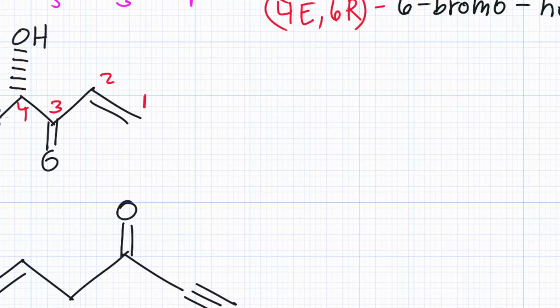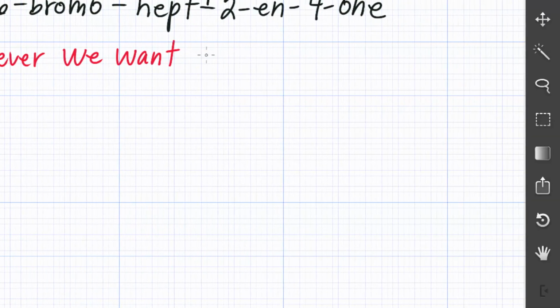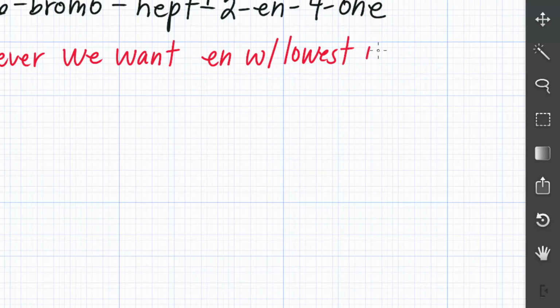Now this can be a little confusing because OH does take priority over the double bond. However, we want the EN with the lowest number.